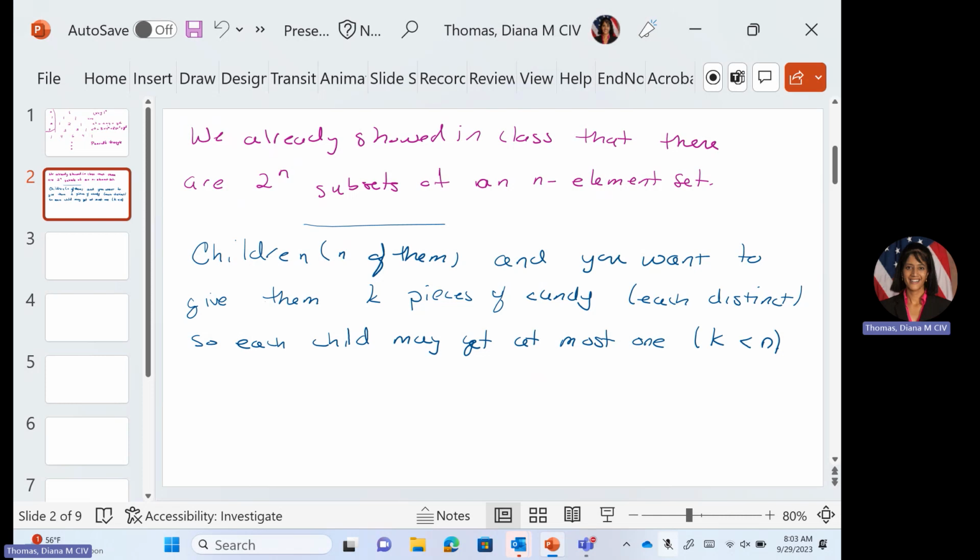This is related to your same ice cream problem. You could take that first piece of candy and you have how many different choices to give that first piece of candy to? N. So you're going to have 1, 2, 3, ... n choices.